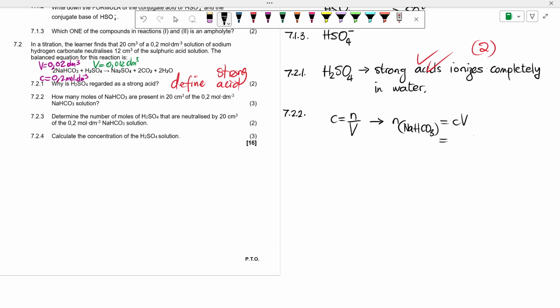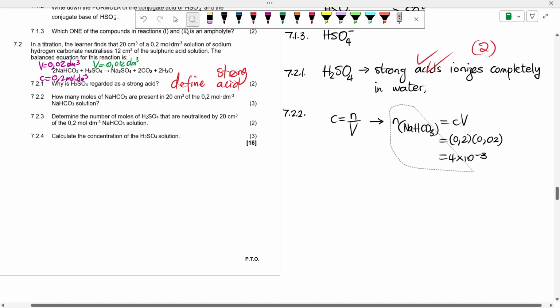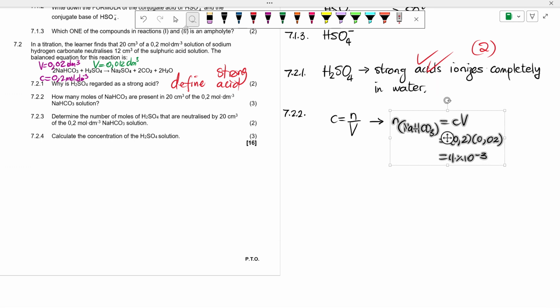What is the units? Moles per decimeter. Think again. Remember what we are calculating? Maybe let me write it down instead of there.